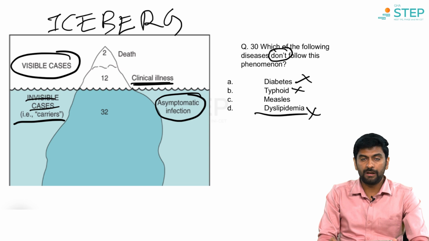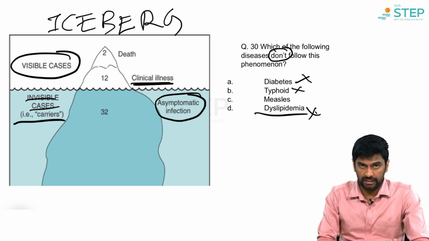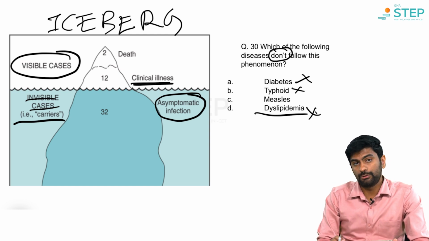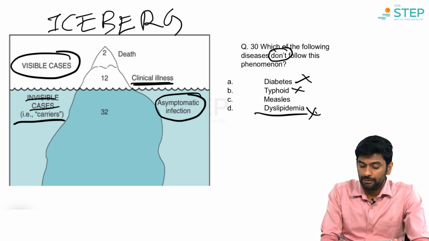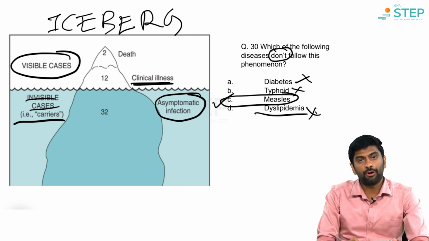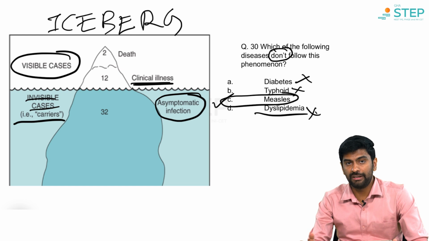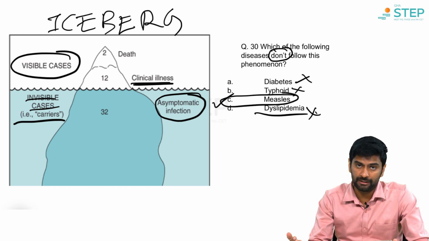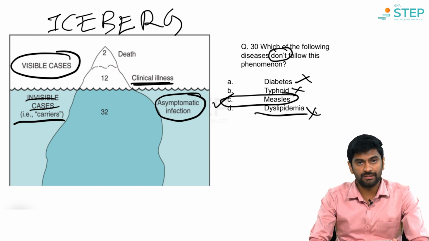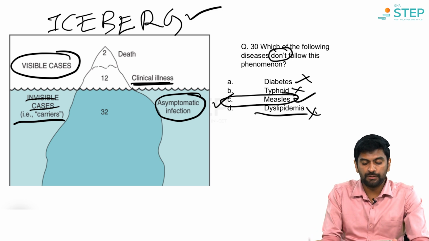So, dyslipidemia still follows the iceberg phenomenon. The answer finally is going to be measles, because those who get the measles infection are going to be infective and they're all symptomatic. So, measles here in this case is going to be the final answer for this iceberg phenomenon of disease.